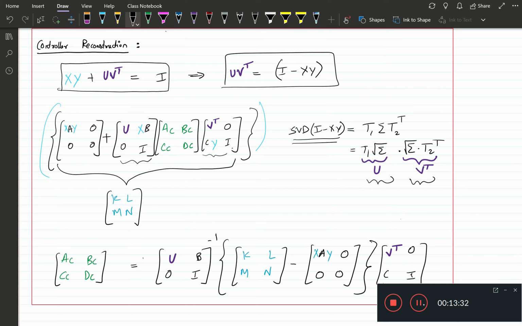You can also note again here that in fact Dc is just N, so this transformation basically just assigns Dc to be equal to N. So that was just a side remark. So that's the general procedure for obtaining synthesis LMIs from analysis LMIs. So that's it for this part of the review.